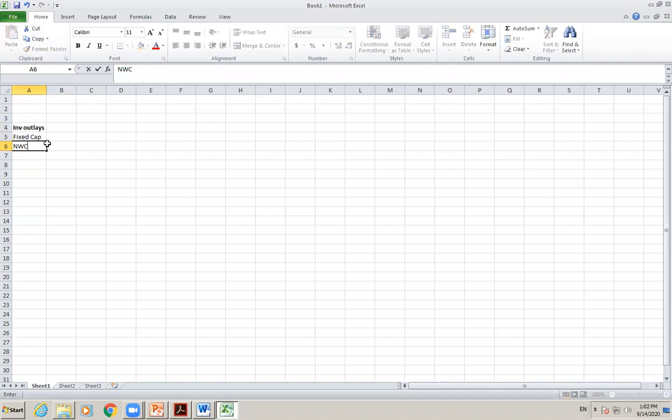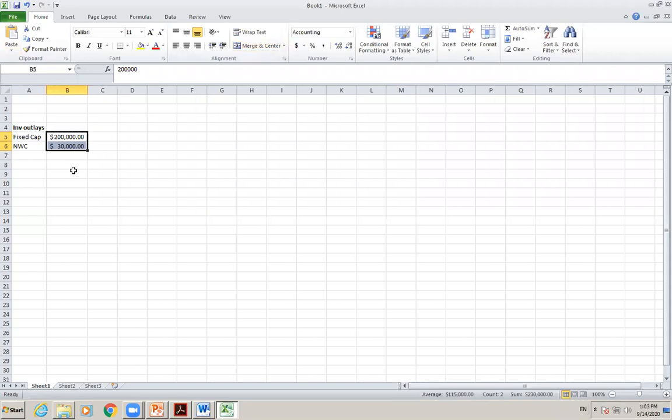So NWC is referring to net working capital. We said this is 200,000 and this is 30,000. Let me dollarize it. And total investment outlay will be equal to 230,000.